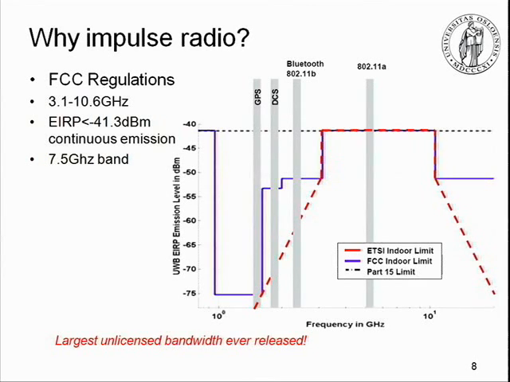It gives us some potential of doing interesting things with impulse-based systems. Now, one thing to think about is the low energy emission. It's only minus 41.3 dBm you're allowed to transmit within 1 megahertz bandwidth.